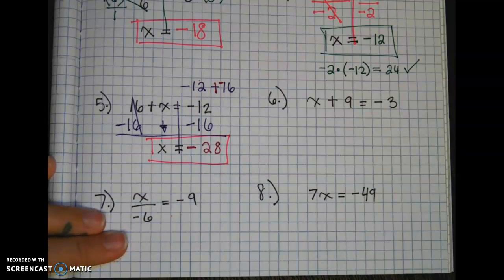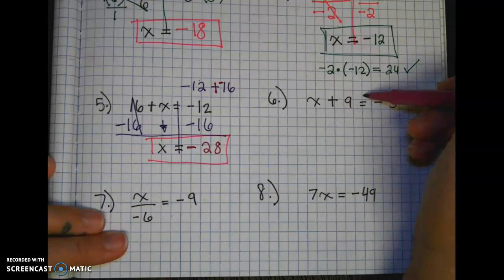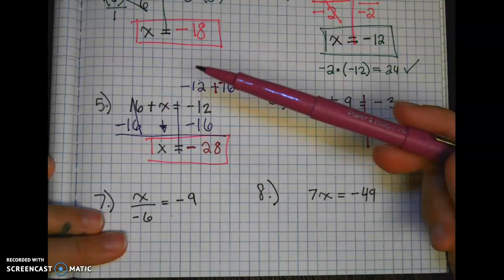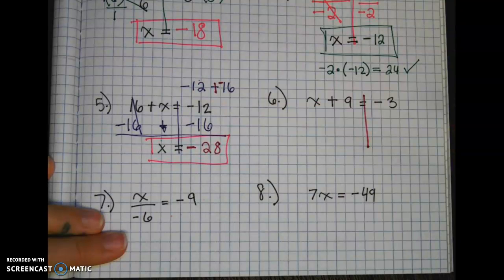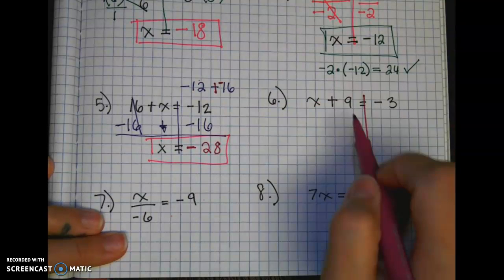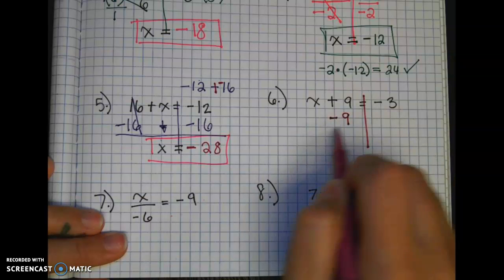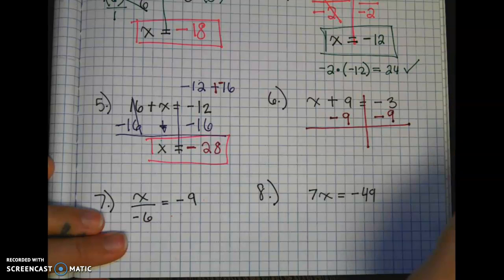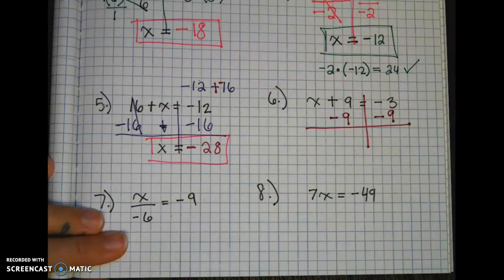Let's do the next one. Draw my line. I have a positive 9, similar to the one we just did. The opposite of addition is subtraction. So I have minus 9. What I do to one side, I have to do to the other. So I know I'm dealing with both negatives.